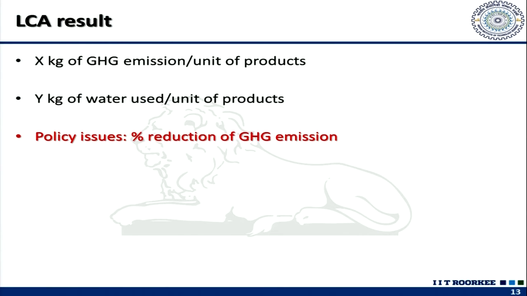Now, if I look at a number in an LCA result for a particular product, say it says x kg of GHG emissions, GHG meaning greenhouse gas emissions, or that the particular product consumes y kg of water per unit produced, for me it does not mean that this number is very accurate.